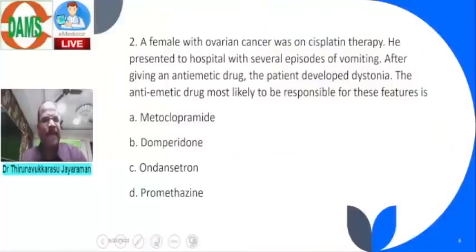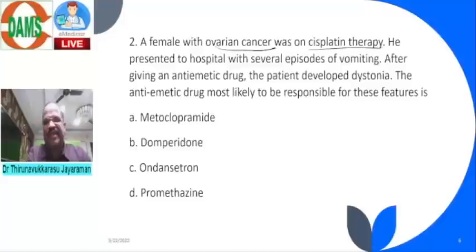The second question: a female with ovarian cancer was on cisplatin therapy. She presented to hospital with several episodes of vomiting. After giving an anti-emetic drug, the patient developed dystonia. The anti-emetic drug most likely to be responsible for this feature is what?